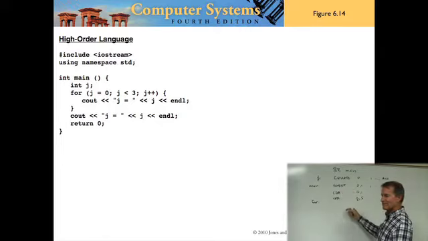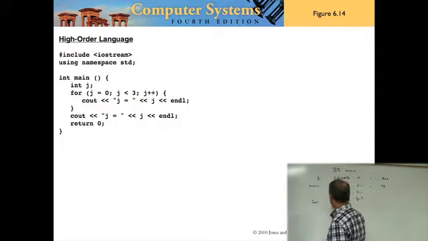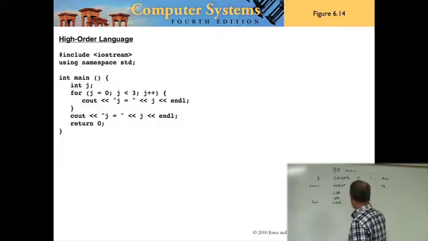We need to load J. But we're going to be coming back from up here. Let's not optimize, and then we'll see how to optimize. If we don't optimize, we load accumulator, J, stack relative, and then compare accumulator, 3, immediate.